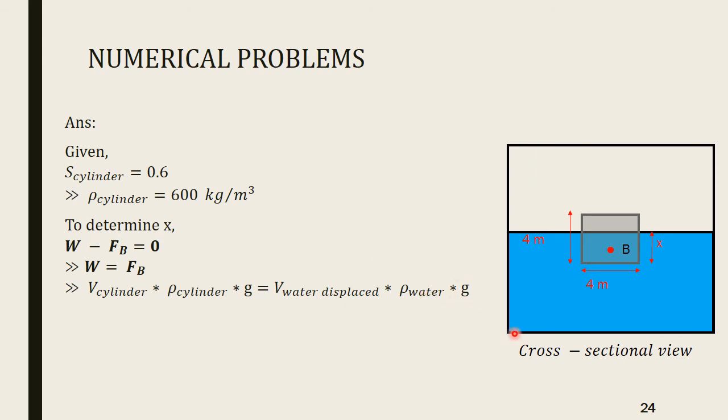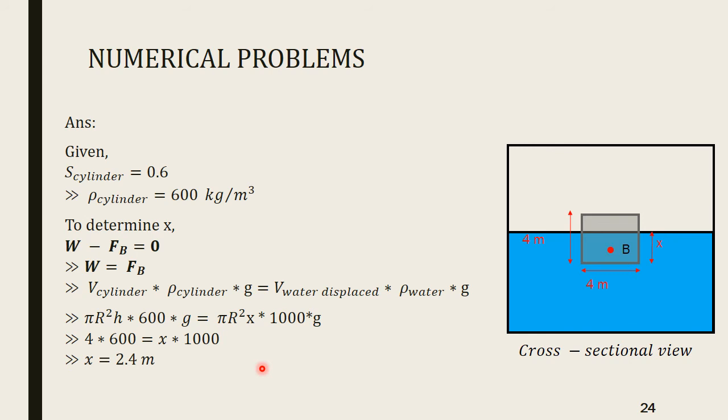Now volume of a cylinder is given by pi r squared H. So pi r squared H is the volume of the cylinder, and volume of the water displaced would be volume of the immersed portion of the cylinder, which would be pi r squared into X. And so cancelling out all the common terms, we would end up getting X is equal to 2.4 meter, which means center of buoyancy would be at the center, that is 1.2 meter from the base. And thus we would be able to find out the value of BG. G would be at the exact center, which is at 2 meter.